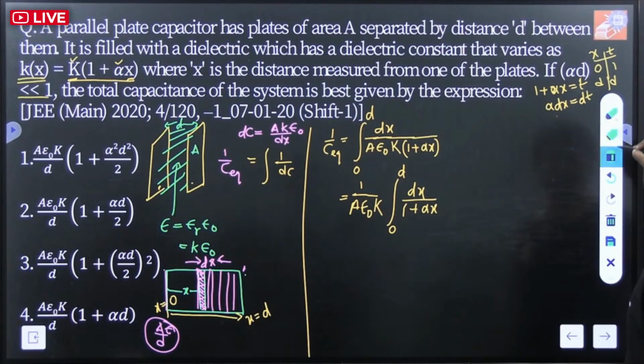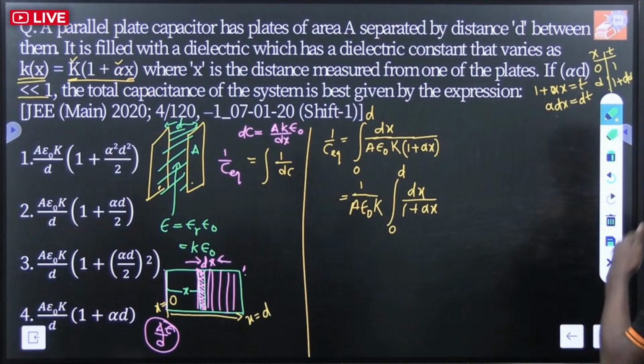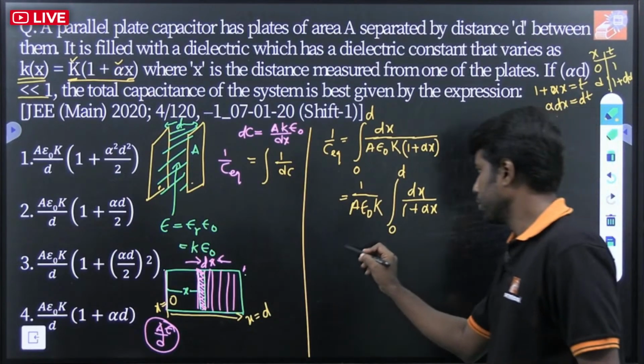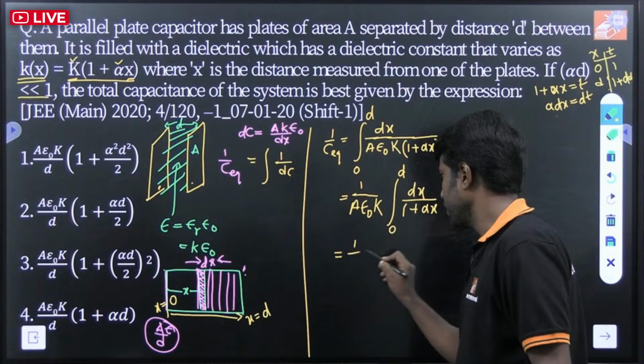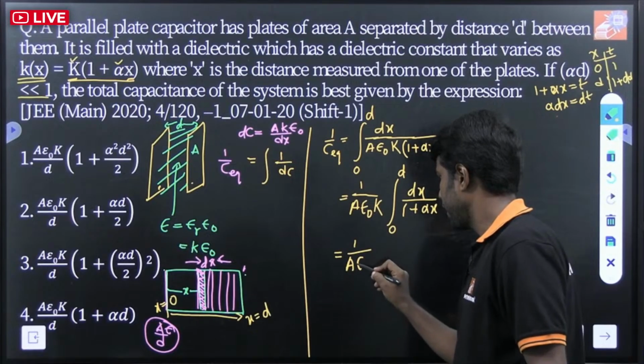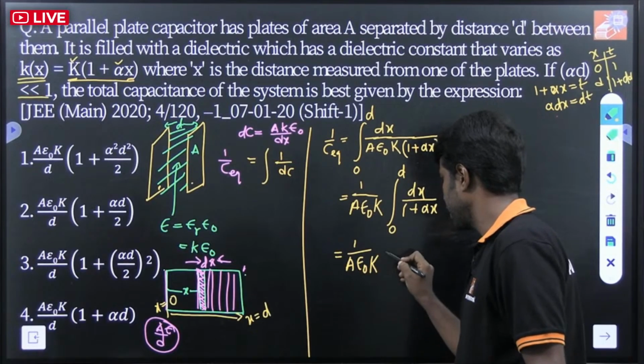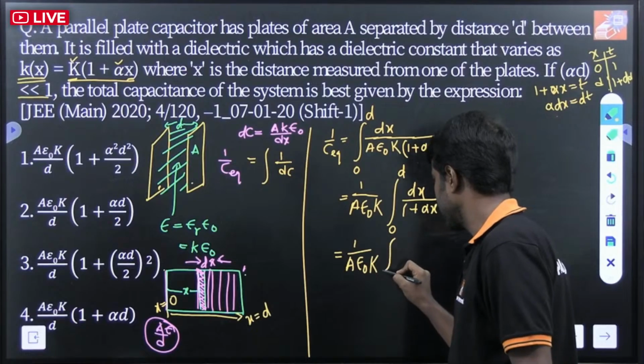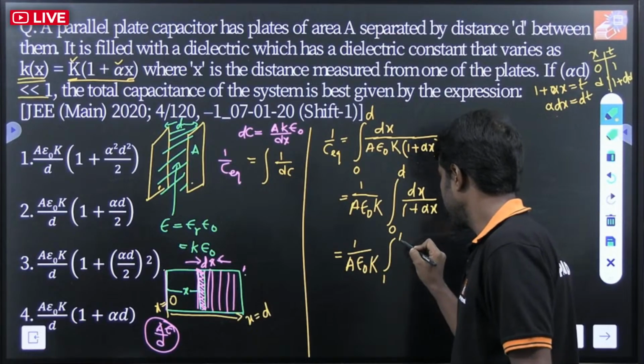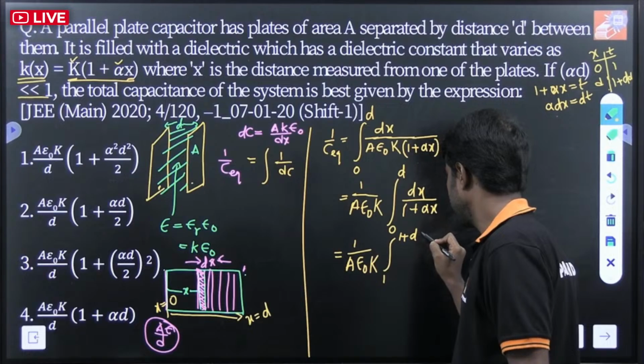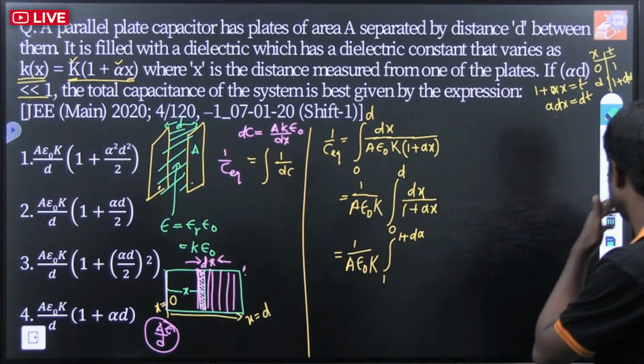Now we put these values: 1 by A epsilon naught K into the integration with limits 1 to 1 plus d alpha.